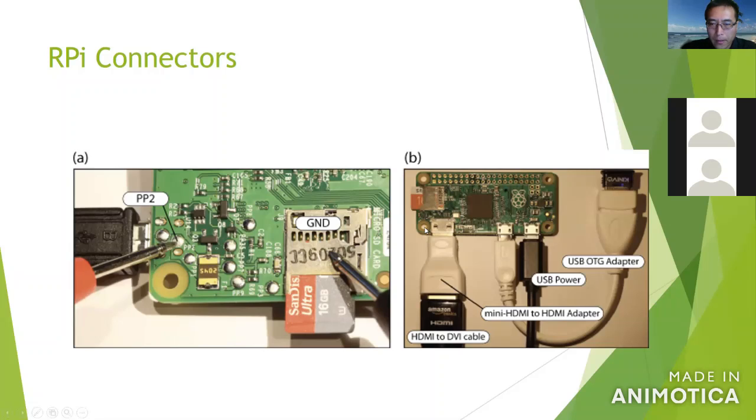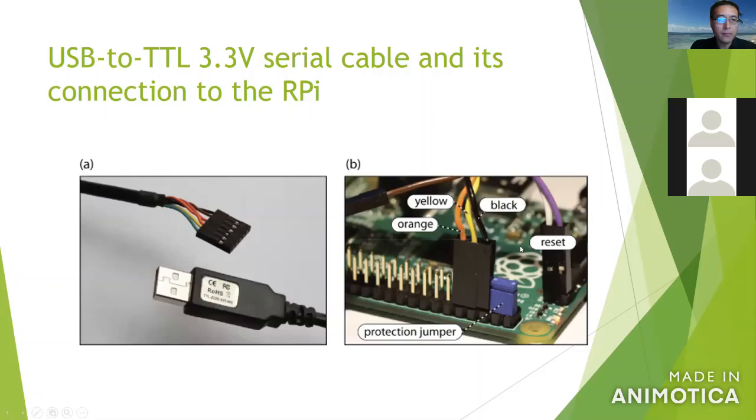And here, this gives us some examples for connecting the Raspberry Pi 0 through certain cables. And this is the USB to TTL 3.3 volts serial cable. This serial cable is connected here, and it provides a USB connection.